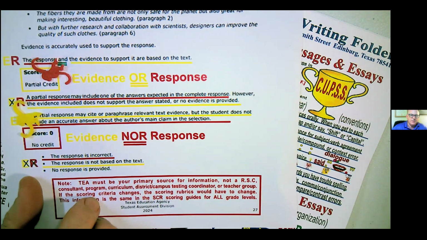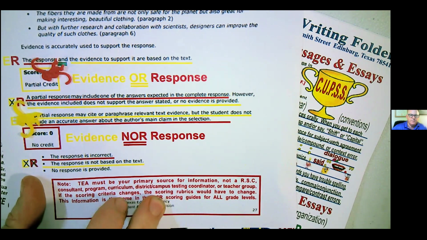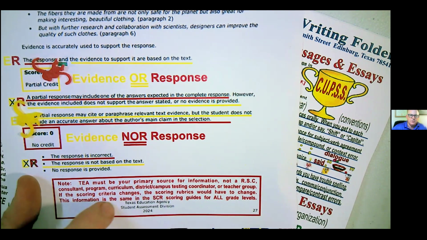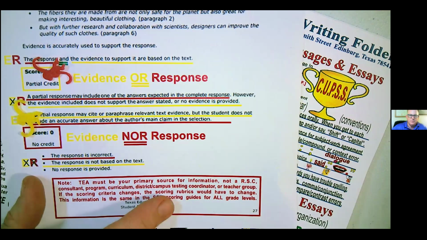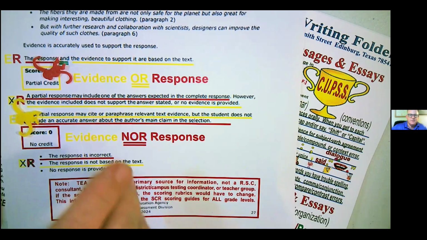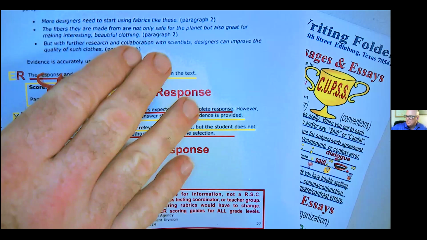If the scoring criteria changes for some reason, the scoring rubrics would have to change as well. And when you go look at all your short constructed rubrics in your grade level, because this is only for 5th grade, you're going to see the exact same thing, just with different examples of responses.